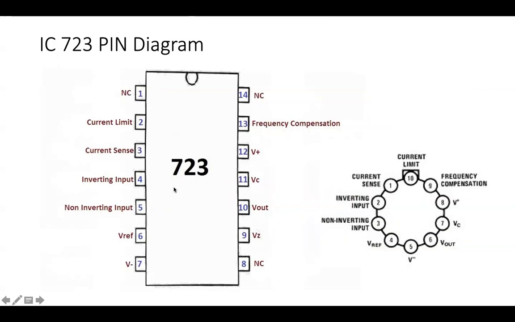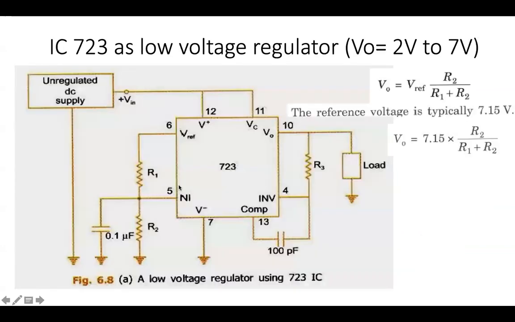You can just use the pin diagram if required. The capacitor value is about 0.1 microfarad. Then you have R1, R2, non-inverting input. The capacitor is connected to the non-inverting input, and to the inverting input, we are actually giving a resistor and capacitor.